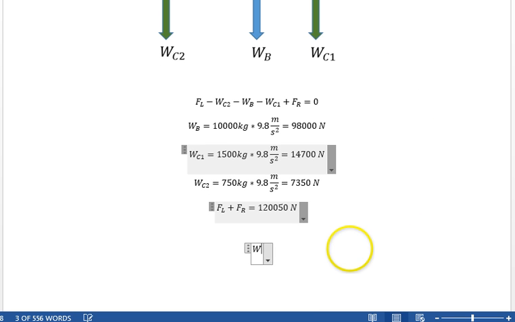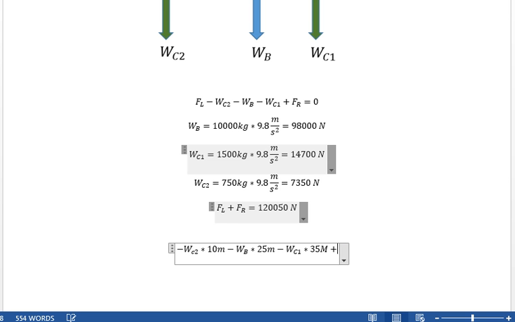So we've got minus WC2 times the distance it's at, which is 10 meters, minus WB times 25 meters, minus WC1 times 35 meters, plus FR times 50 meters equals 0.